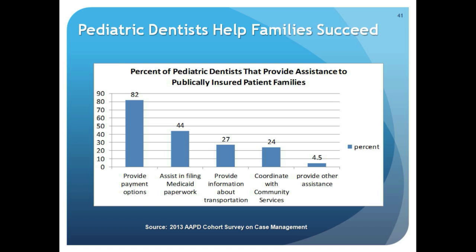These are services like home visiting programs, WIC, Head Start centers, in order to both educate families and also to help families help their children get the care that they need.